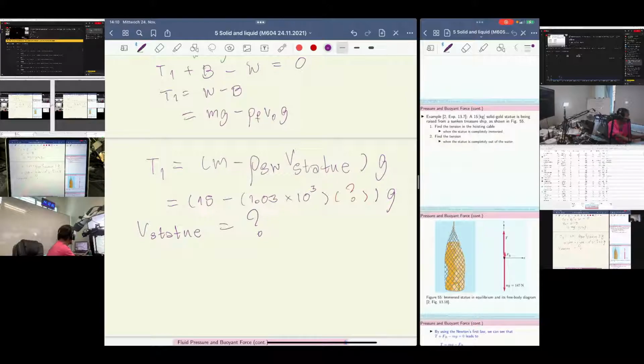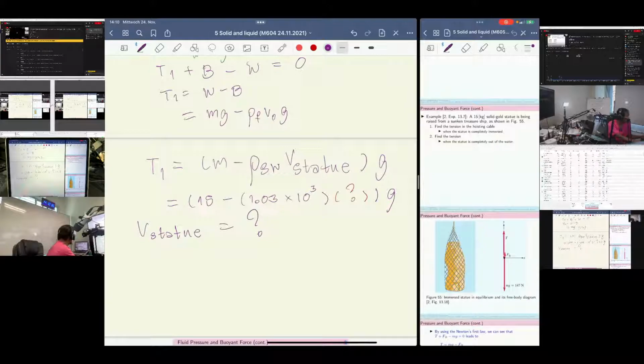And we also have the gravitational acceleration on Earth here. The mass is of course 15, and the density of the seawater is 1.03 times 10 to 3.